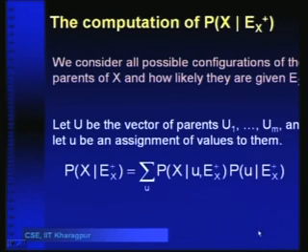Now, we will compute firstly the first term, P(x | Ex plus). Let u be the vector of parents u1 through um, and let small u be an assignment of values to them. So, we are going to break up P(x | Ex plus) into the sum of the probability of x given u, Ex plus times the probability of u given Ex plus.